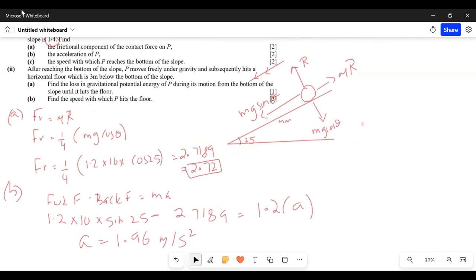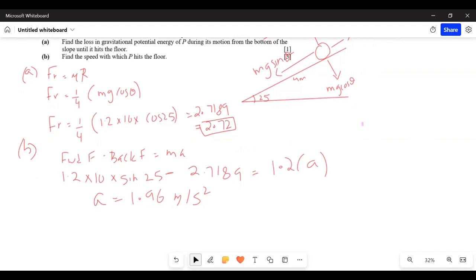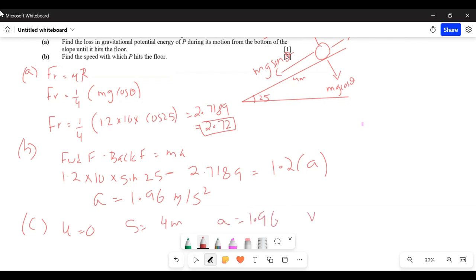Next is find the speed with which P reaches the bottom of the slope. So अब हमें U पता है, was released from rest, so U is 0. हमें distance covered पता है, distance of the slope 4 meters. हमें acceleration पता है 1.96. अब हमने find करना है V, the speed at the bottom of the floor.